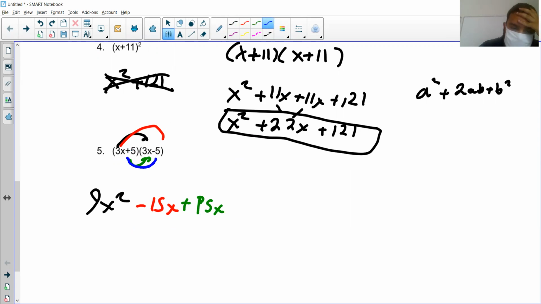And then 5 times negative 5 is negative 25. What's interesting here is when you combine 15 and negative 15, they're going to cancel out. So what you're left with is 9x squared minus 25.